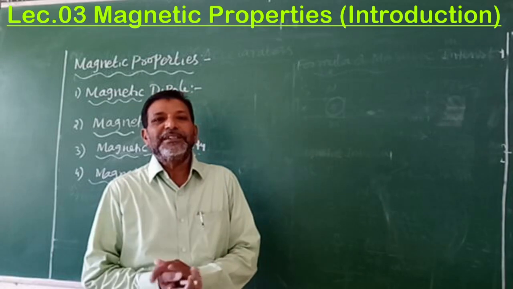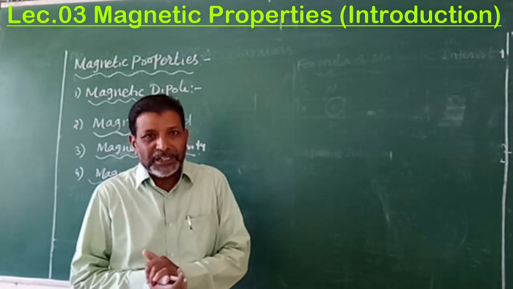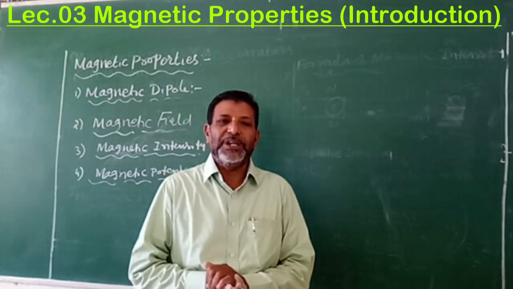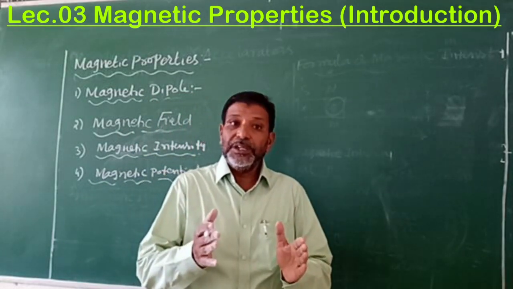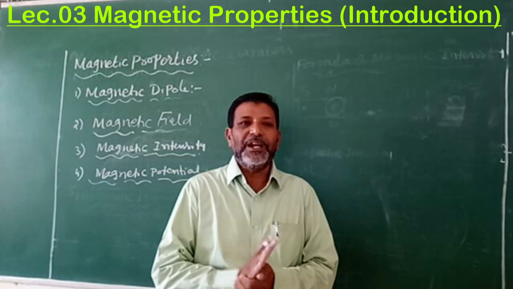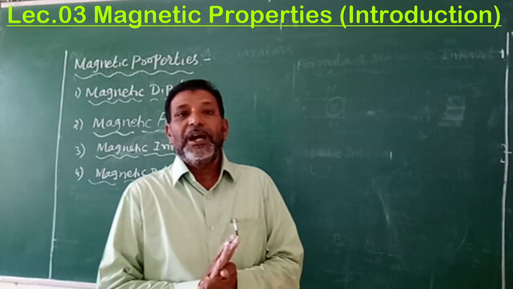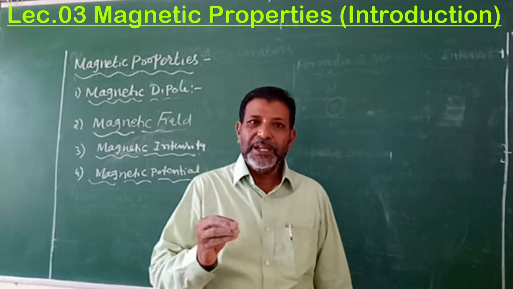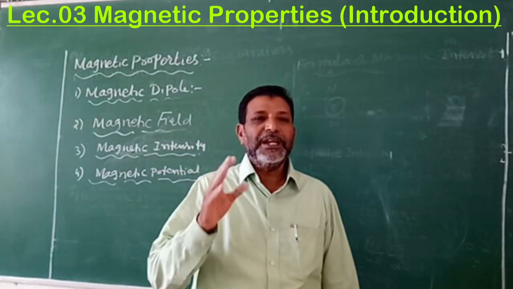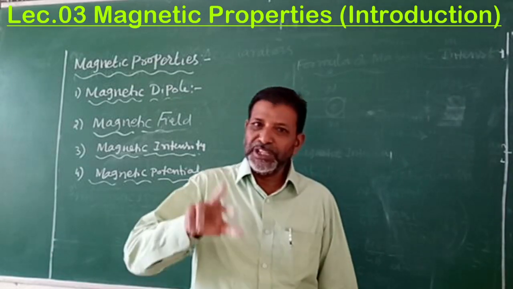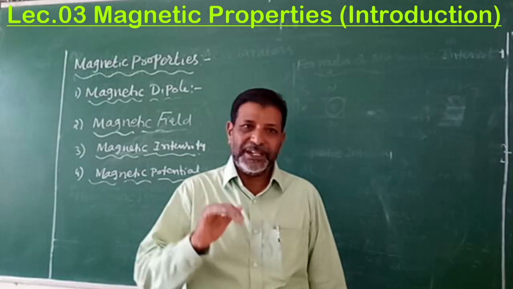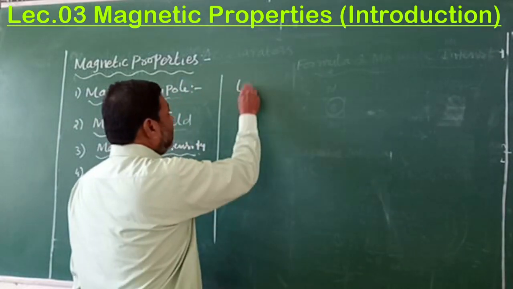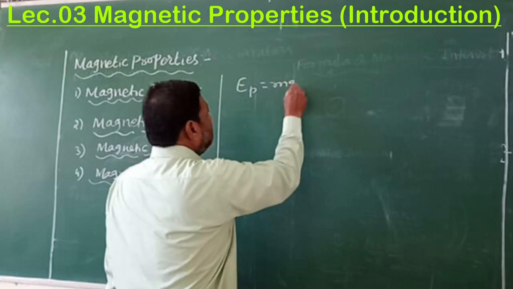Now, to understand this magnetic potential, let us take an example which you have already studied at PUC level, I think first year PUC. Every material body has two types of energies, potential energy and kinetic energy. Potential energy EP is equal to mgh.